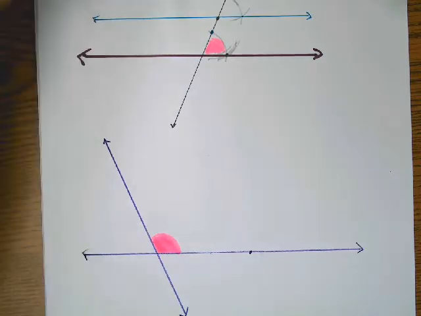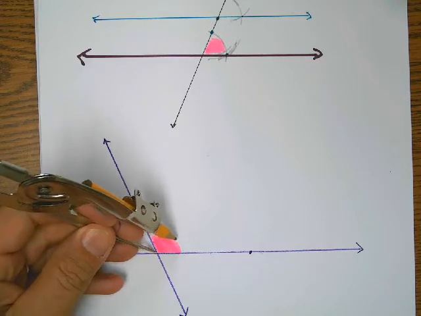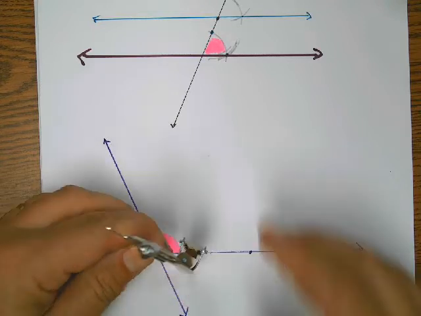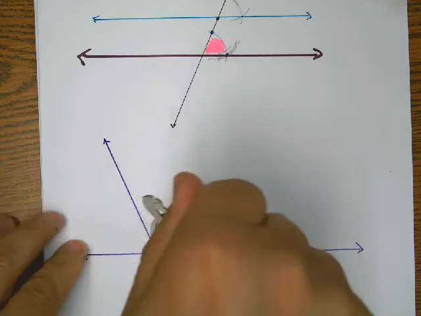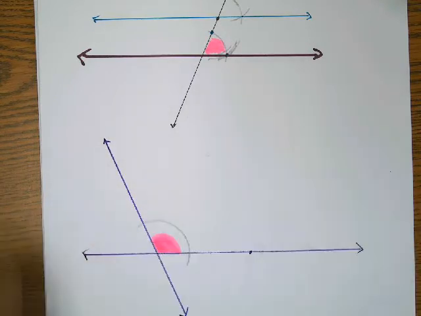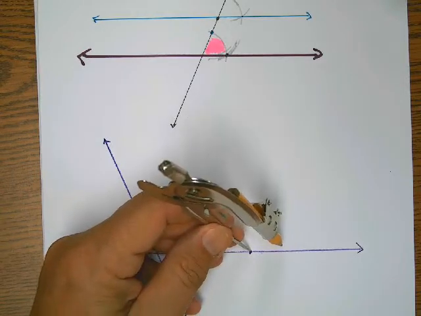Okay, here we go. Get my compass out on the vertex. Does it matter how wide my compass is on this? Nope. Make an arc that intersects both. Use the exact same width and go out to that random point.